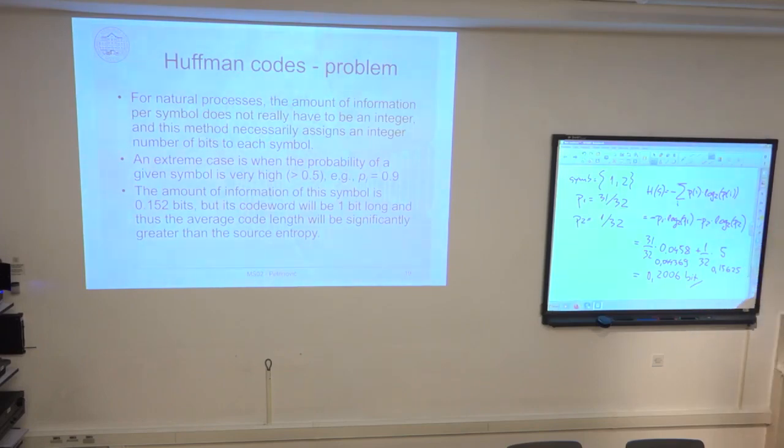That means the actual entropy is five times lower than the average coding length of this Huffman code.